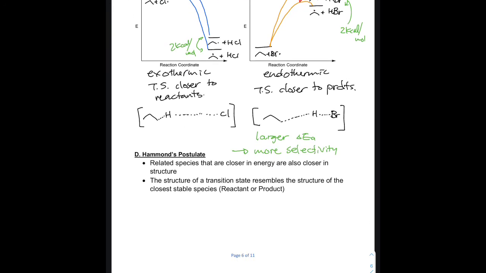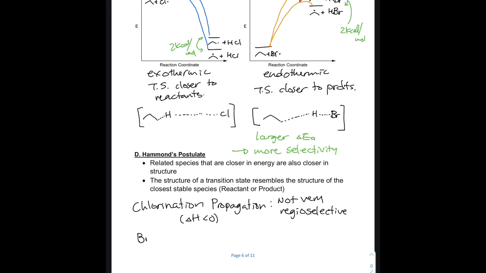So just to summarize, for chlorination reactions, or at least the propagation step, delta H is negative, meaning it's exothermic, so that's a good reaction to happen. It's very reactive, but it's not very regioselective, because it's exothermic.